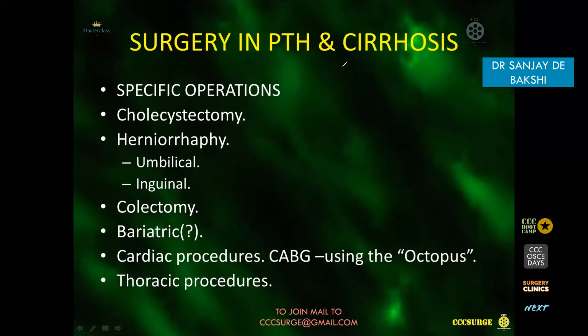If you want to do a cardiac procedure, you can do a CABG, and the traditional approach is to use the octopus and do a CABG on a beating heart without using heart-lung bypass. Thoracic procedures, particularly for hydrothorax.